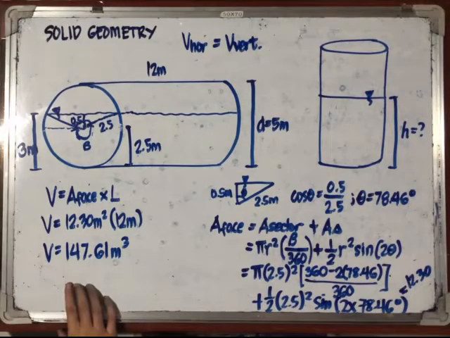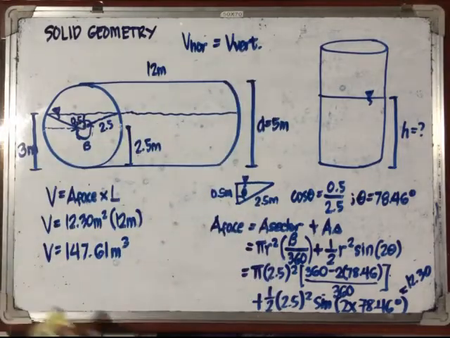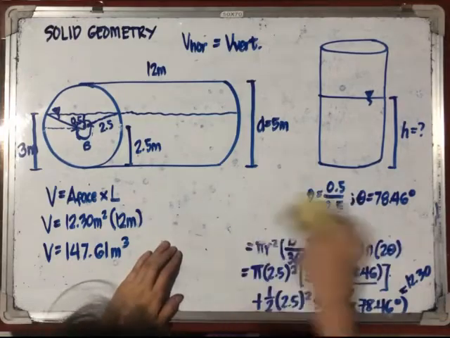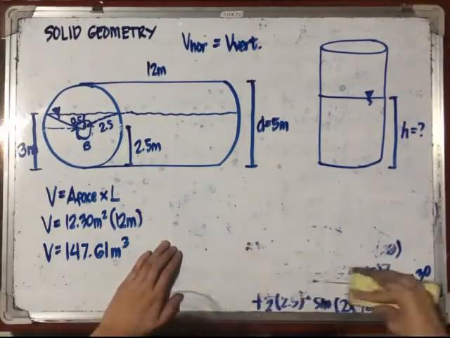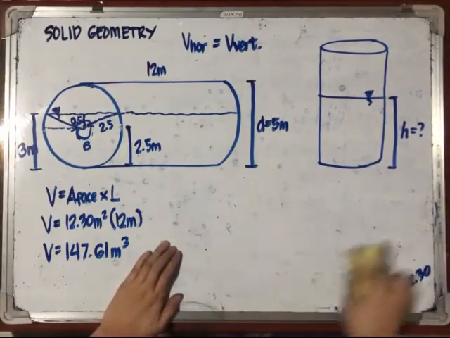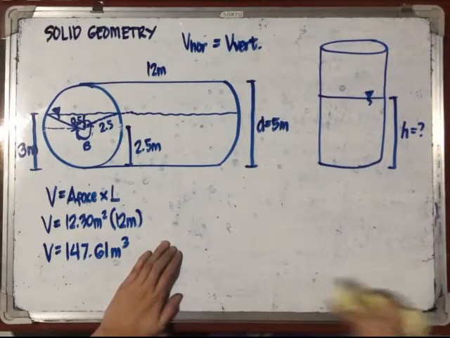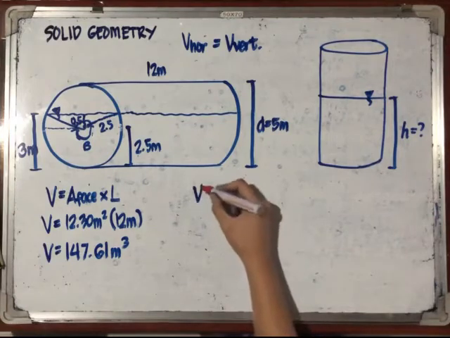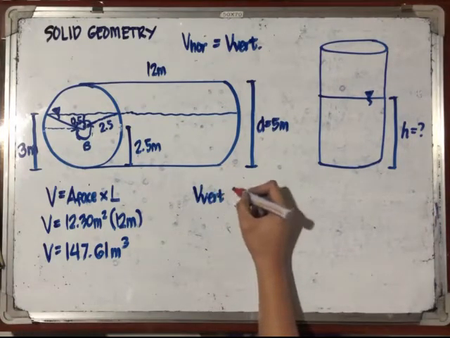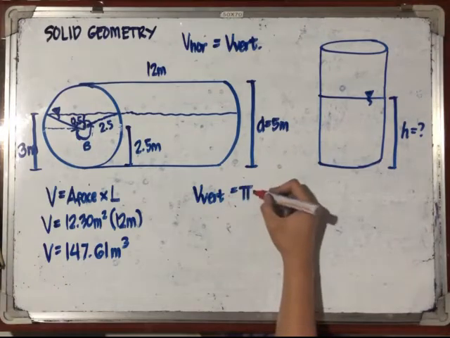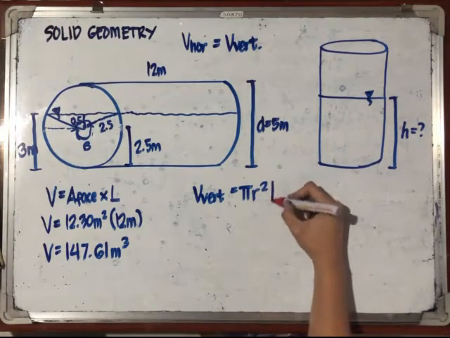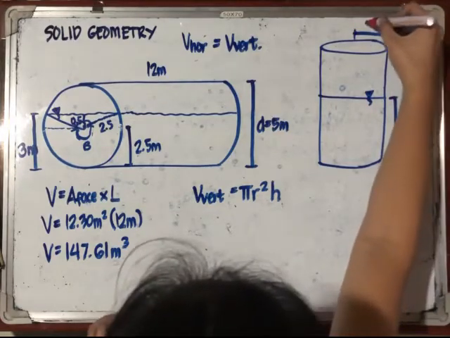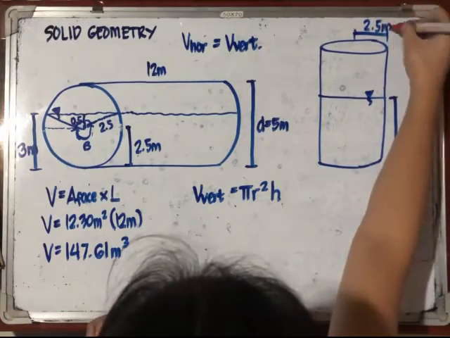And that volume should be equal to the vertical volume. Let me erase this portion here. Right. So, volume vertical, in the upright position, the volume here is pi r squared times your height. Our r here is still 2.5 because we're talking about the same tank.